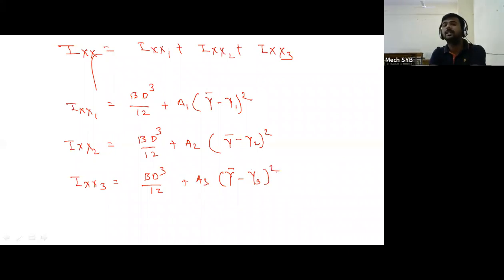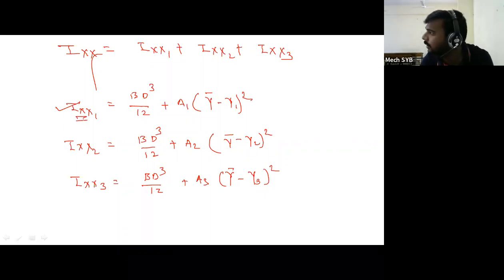So these are the three formulas to calculate the Ixx1, Ixx2, Ixx3 separately. Now see, Ixx1 means moment of inertia of section 1 only.